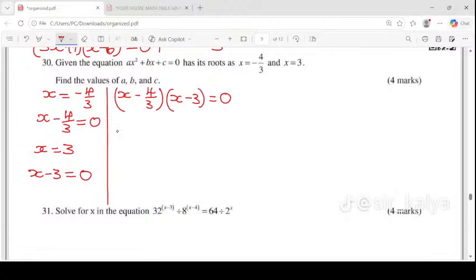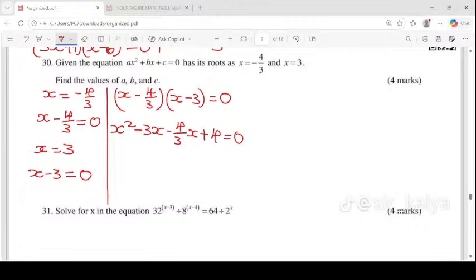When you open the brackets, x times x becomes x squared. X times negative 3 becomes minus 3x. Negative 4 over 3 times x becomes minus 4 over 3x. Negative 4 over 3 times negative 3 becomes plus 4 is equal to 0.